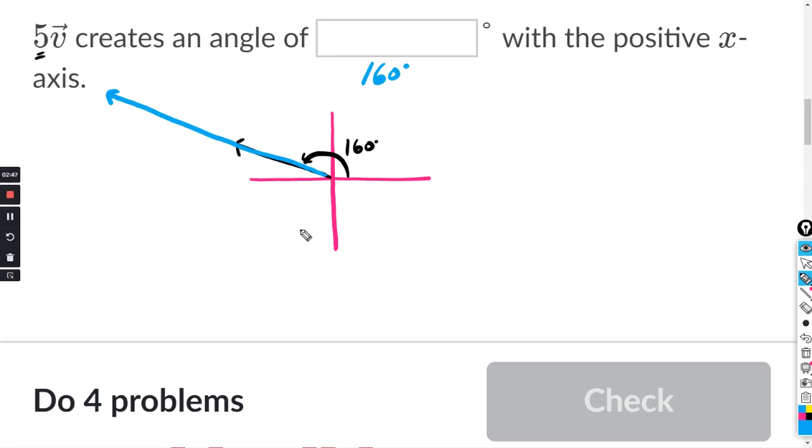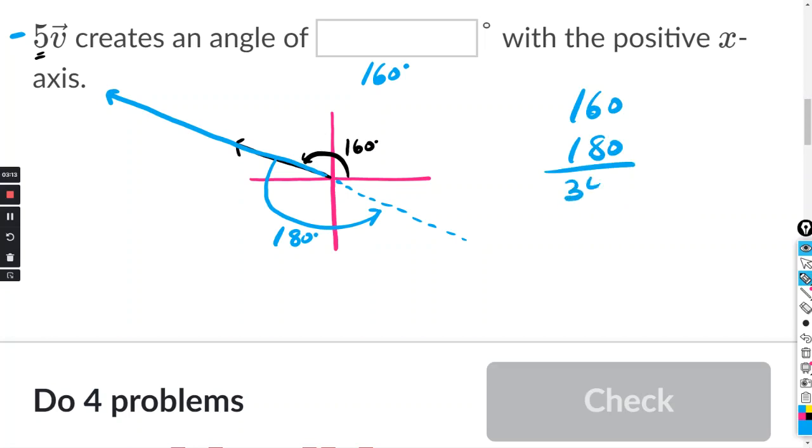If it happened to be negative 5, then the vector would be in the exact opposite direction. It would be going that way, and you would have to add 180 more degrees in that direction. So if it were negative 5, it would have been 160 plus 180, and that's 340 degrees.